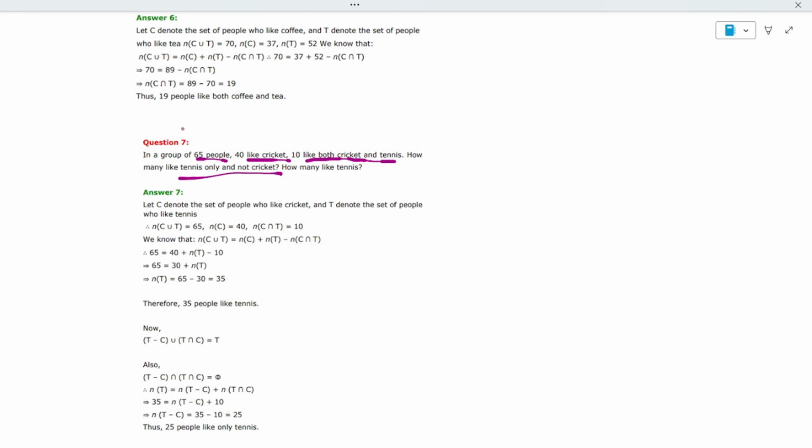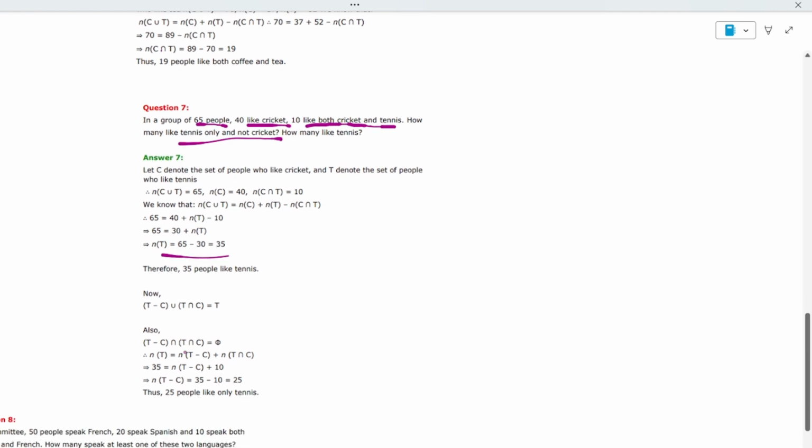Now we first found n of t, but they are asking not only tennis, they are asking tennis only and not cricket. Not cricket means what we have to do is t minus c, that means they like tennis and not cricket, and we have to take the intersection.